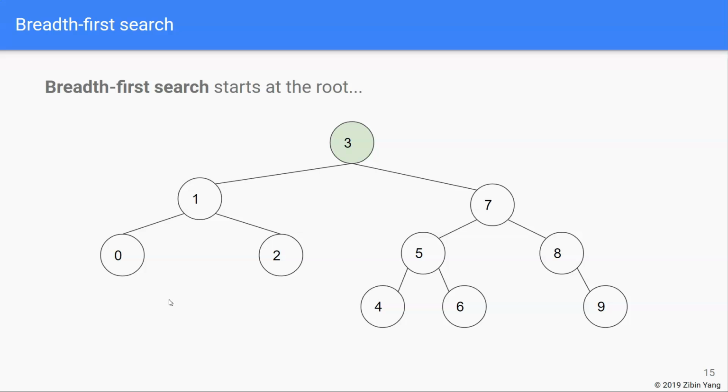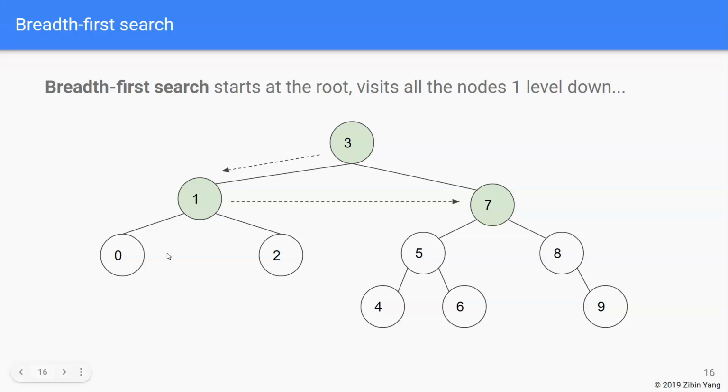Both of these searches start at the root of the tree. So here it starts at 3, and breadth first search then visits the two nodes that are one level away from the root, so 1 and 7, and then it visits all the nodes that are one level away from those.